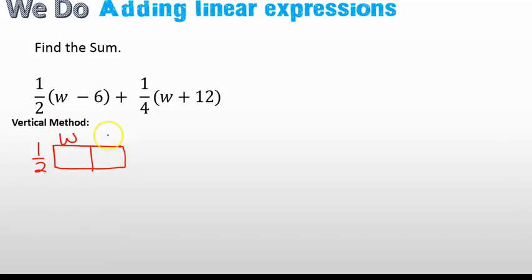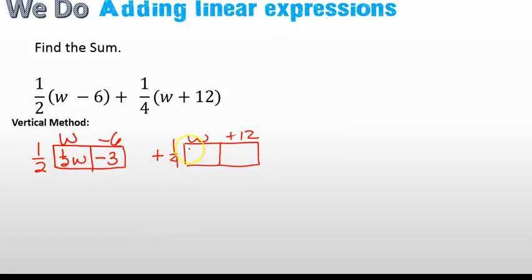So I'm going to put 1/2 times w minus 6, plus 1/4 times w plus 12. Okay, so I have 1/2 times w, that's 1/2 w. 1/2 times 6, so half of 6 is 3, and a negative times a positive is negative. And then I'm going to treat this as a positive 1/4.